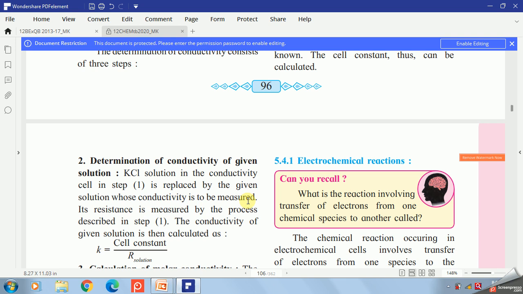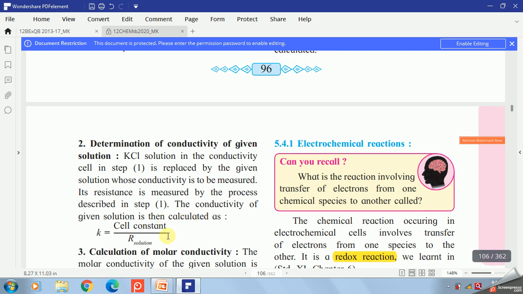So if there is another solution whose conductivity is to be measured, then replace the previous solution by this solution. Its resistance is measured by the usual process that we discussed in the previous step, and the conductivity of given solution is then calculated. K is equal to cell constant divided by resistance of solution. Okay.